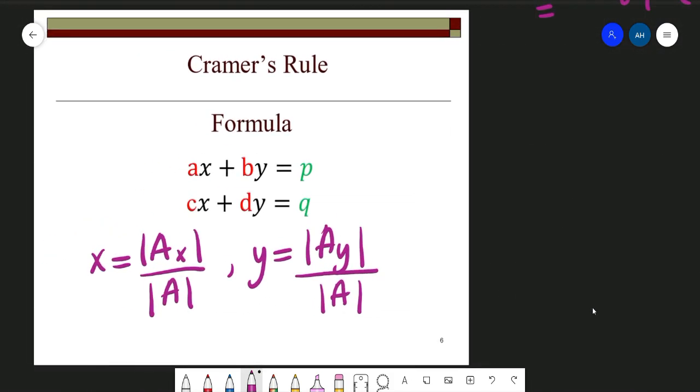Actually, in this formula we have three matrices. Number one, matrix A. What we mean by matrix A in this formula is just the coefficients of the variables x and y, column wise.